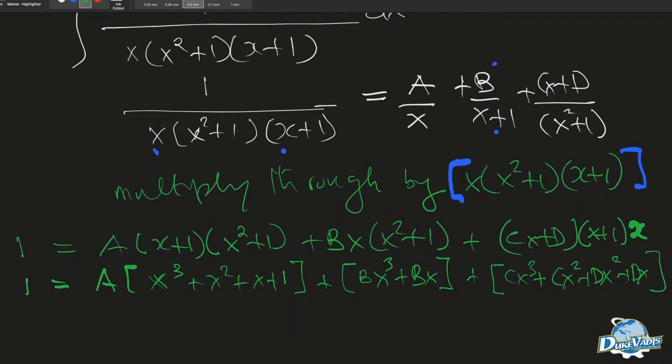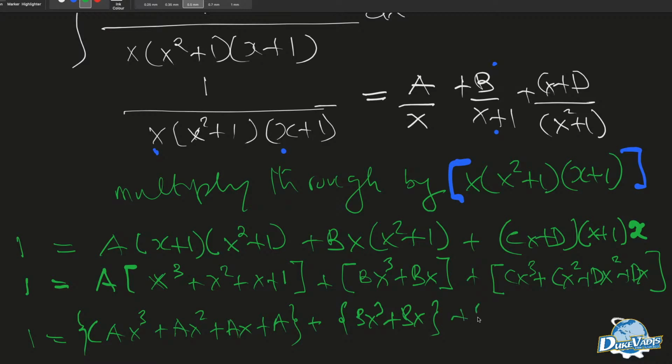Now, when we do further expansion, we have our 1 to be equal to ax cubed plus ax squared plus ax plus a, into bracket, plus we are going to get bx cubed plus bx into one bracket.